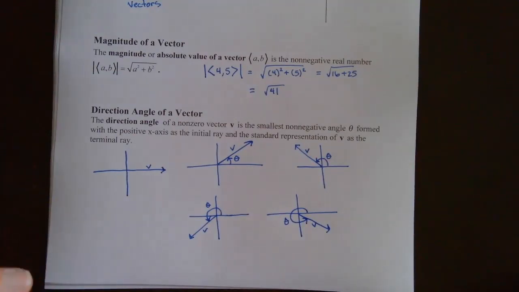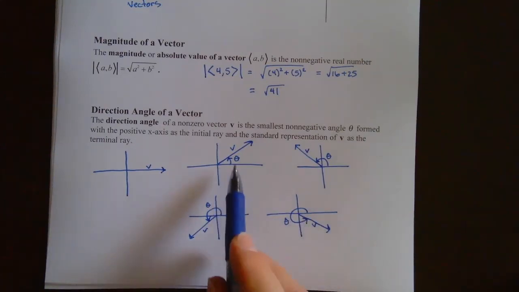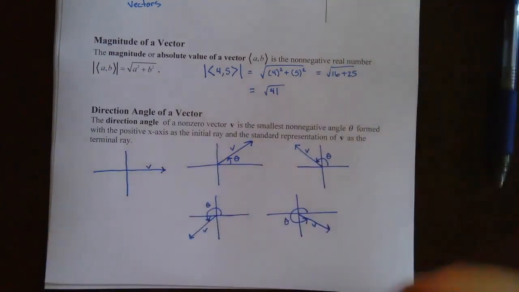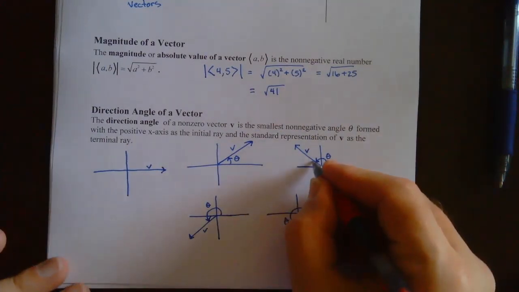Now what we're going to have to do is realize what quadrant the vector landed in, and what we're really going to get is the reference angle. Right here, angle theta and the reference angle are the same, like the angle of a triangle, like we did. Over here, we're going to find this angle.